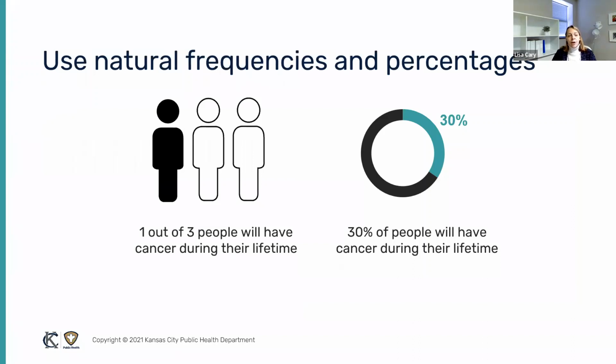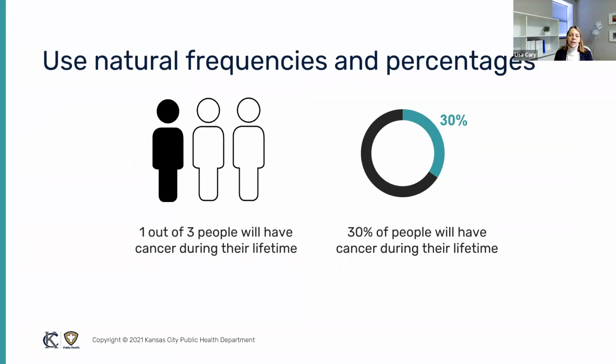Okay, and our third strategy with numbers is to use natural frequencies and percentages. A lot of times the default is just to use percentages. Natural frequency is like 1 out of 3 or 1 in 3 people.